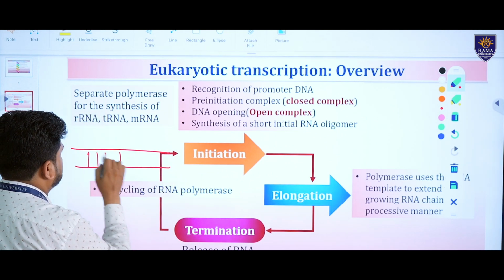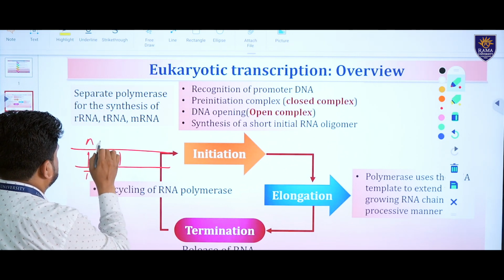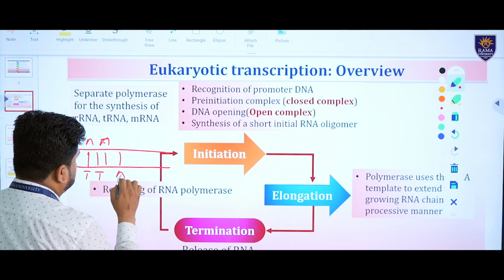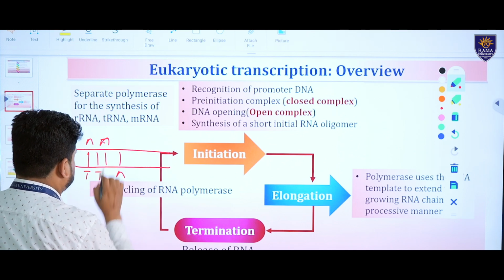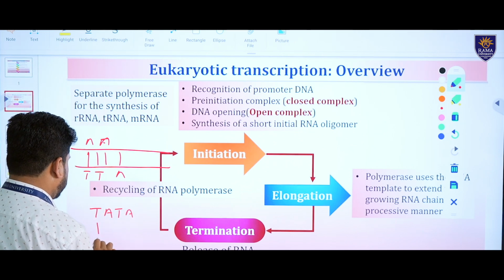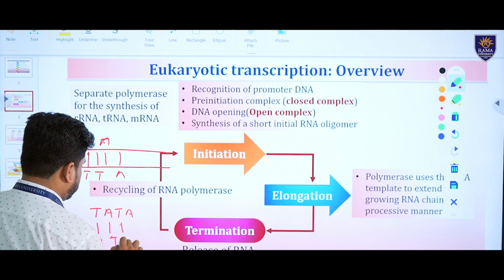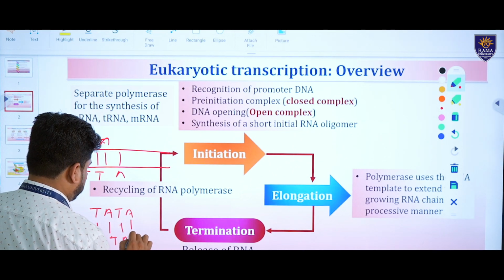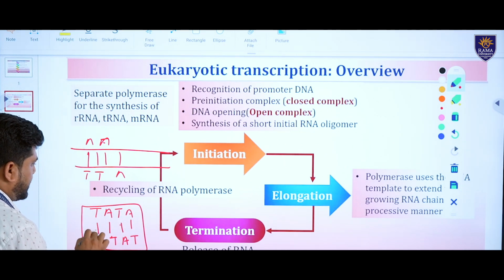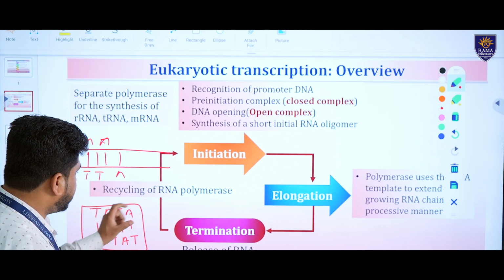This is called the TATA box, the TA sequence. This TATA box is actually the transcription initiation position in the eukaryotic DNA.